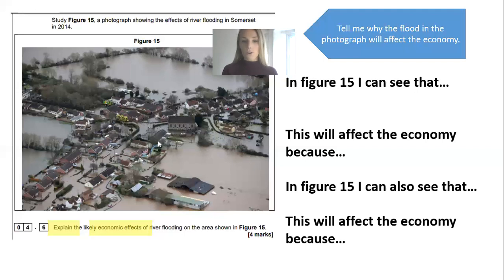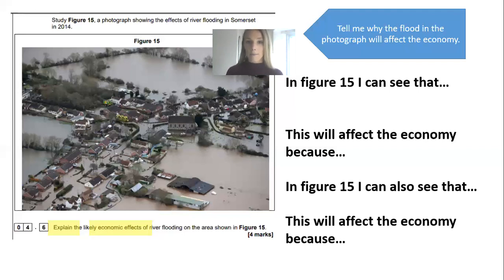You could also assume that businesses in the local area have been forced to close and have also been flooded in this instance. Okay, so these businesses could be perhaps a corner shop, with it being a small settlement. It might be a local pub, it might be a post office.